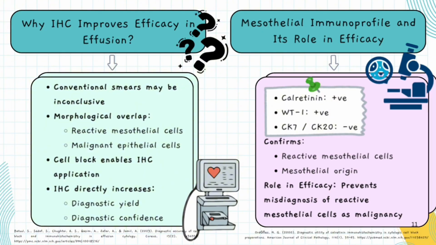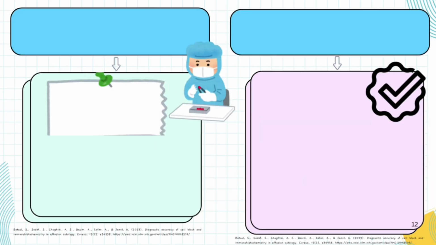Reactive mesothelial cells are positive for calretinin and WT1 and negative for CK7 and CK20, confirming mesothelial origin. This prevents misdiagnosis of benign cells as malignant, reduces false positives, and strengthens diagnostic reliability, fulfilling the point that IHC differentiates mesothelial from malignant cells.